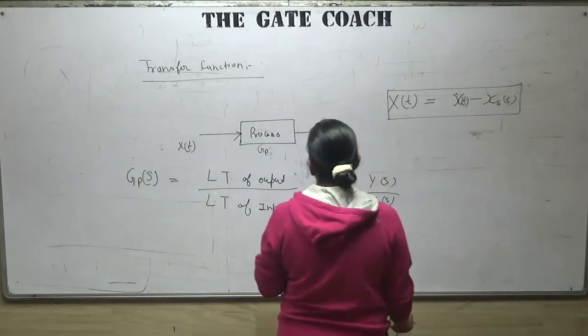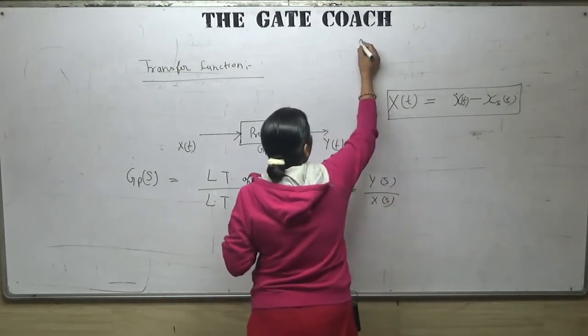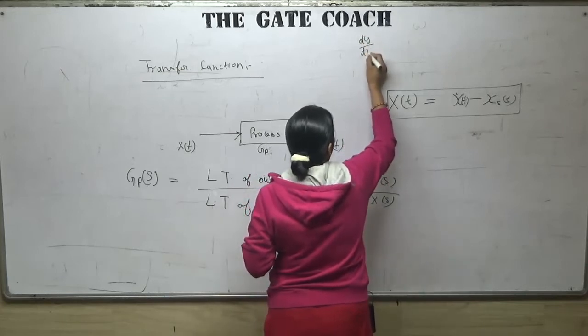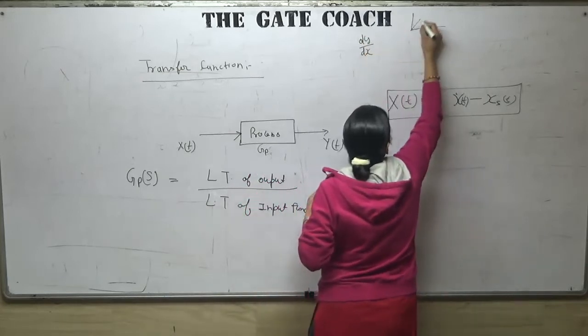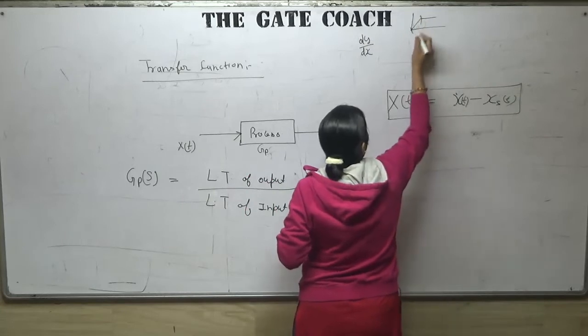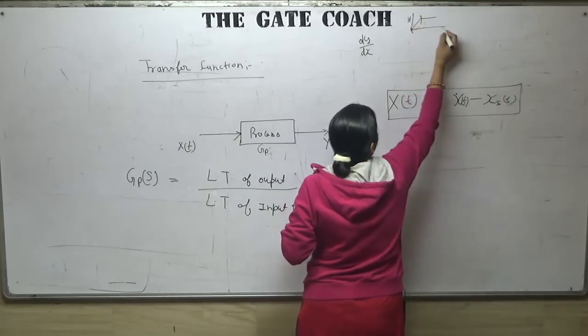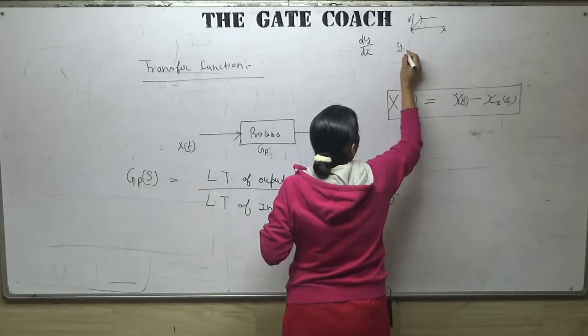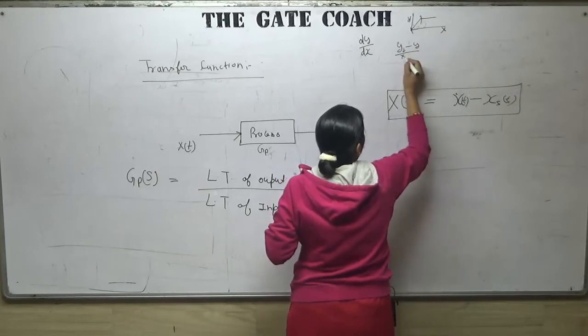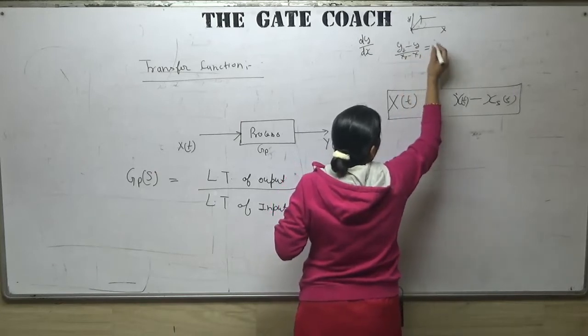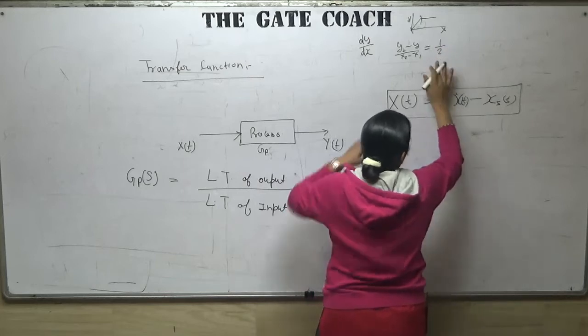No, slope we are not taking. Slope is calculated like dy by dx. If the graph is given to you, you have to calculate the slope. This is the y-axis, this is the x-axis. So the slope is y2 minus y1 upon x2 minus x1, which will come 1 by 2.